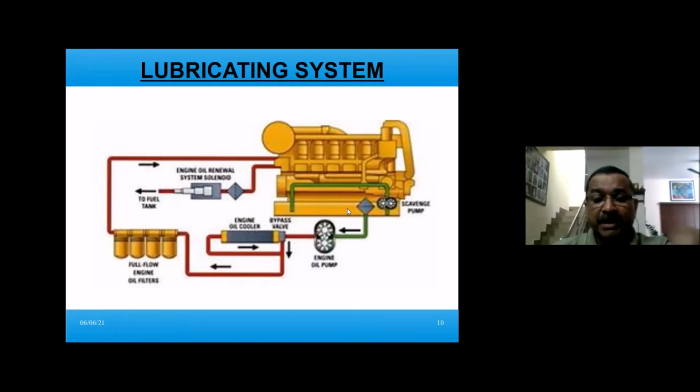As far as small engines are concerned, you will be topping up the lubricating oil for a while, and at some particular time, you will be totally replacing the lubricating oil, because after a long period of operation of, let us say, your car, the quality of lubricating oil will deteriorate, and it will lose all its quality.